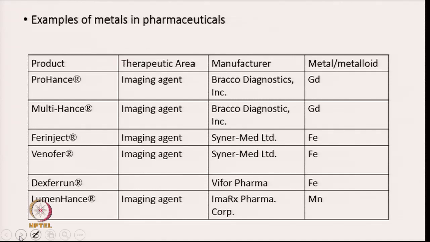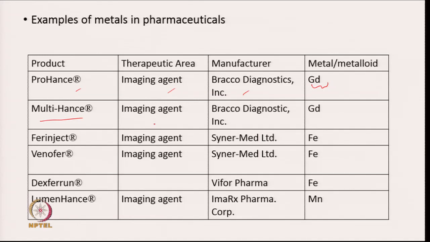There is a long list of products where the analysis of metals is done for a particular biopharmaceutical or pharmaceutical product. For example, ProHance, which is used as an imaging agent, and this is from Bracco Diagnostics Inc. Gadolinium is analyzed.